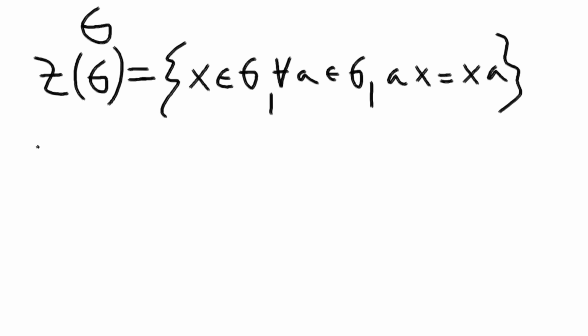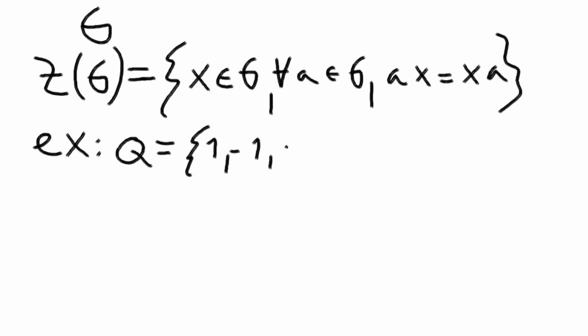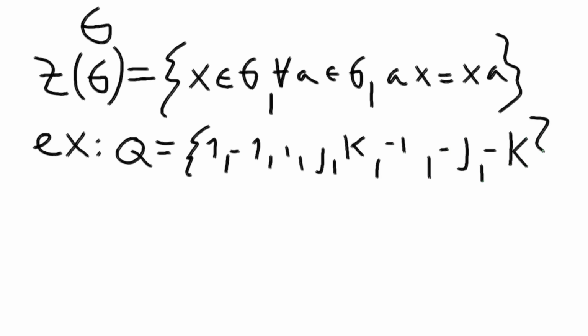A good example to look at could be the quaternion group denoted Q, and what it contains are the elements 1, -1, and then something like an extension of complex numbers for 3D. So i, j, k instead of just i, and minus i, minus j, minus k. So these are the 8 elements.